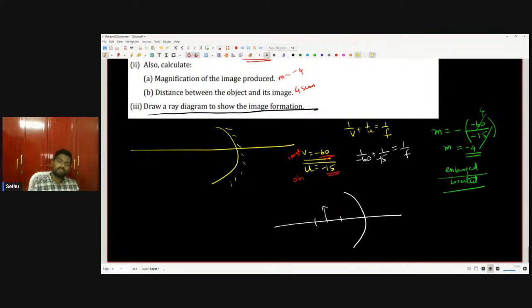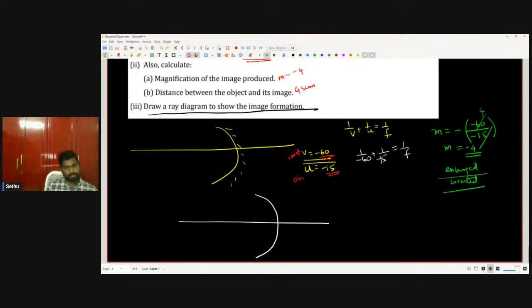So what do you end up getting? One ray goes and hits, and passes through the focus. The other ray you can draw like this, goes this way. Let me draw the diagram properly. This is the center of curvature.